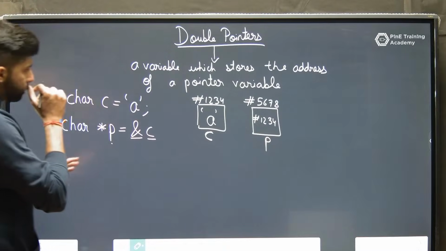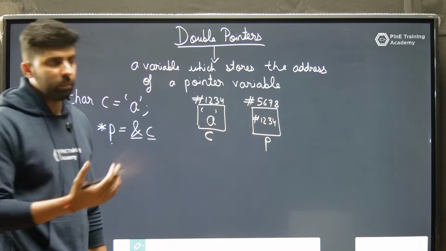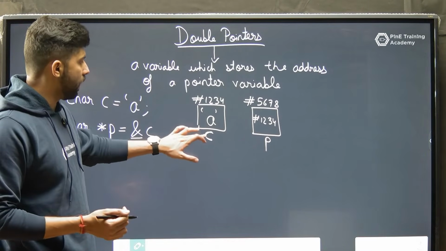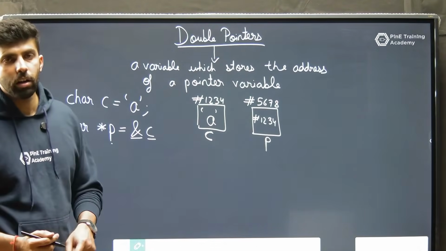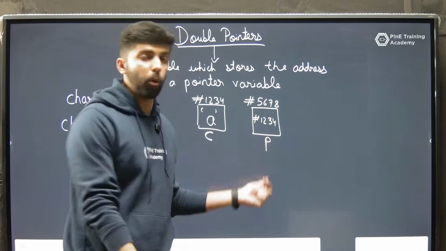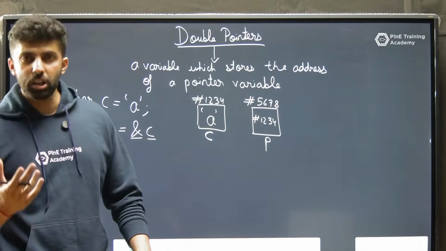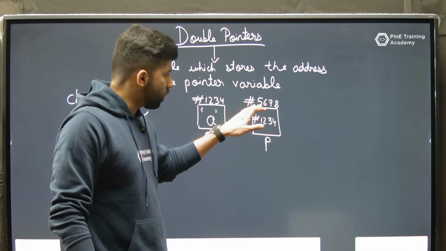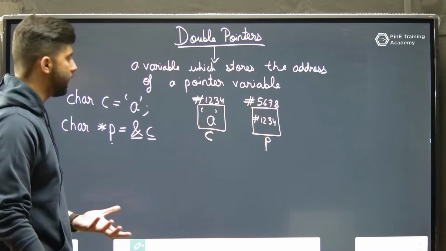So every individual thing in the memory will have its address. Now a normal variable's address was stored by a pointer variable. But what happens if I want to store the address of a pointer variable? Since a pointer is not a normal variable, it is a special type of variable, if I want to store its address somewhere, it can't be a normal variable.